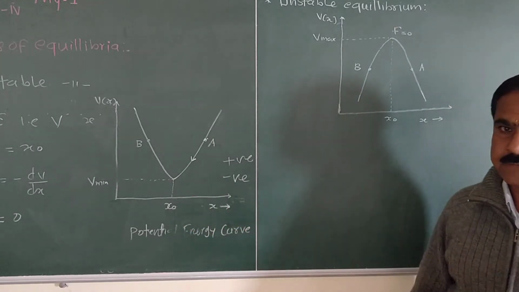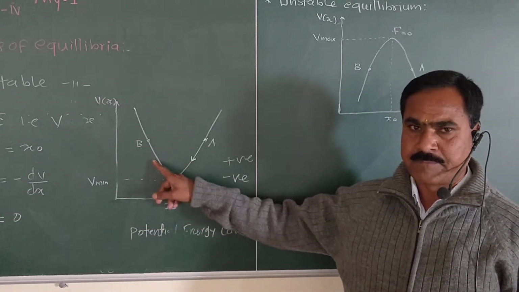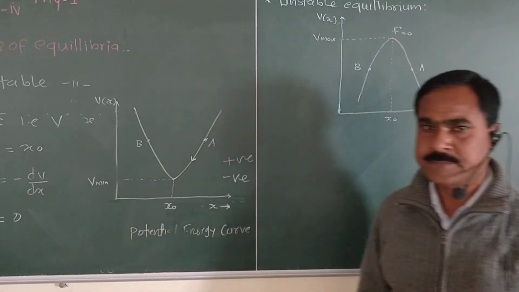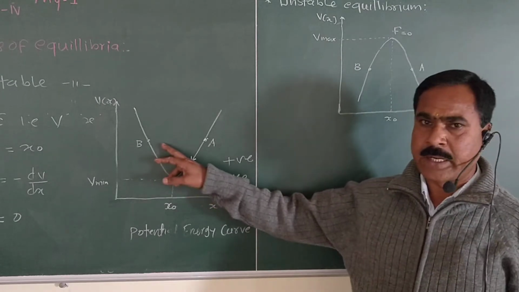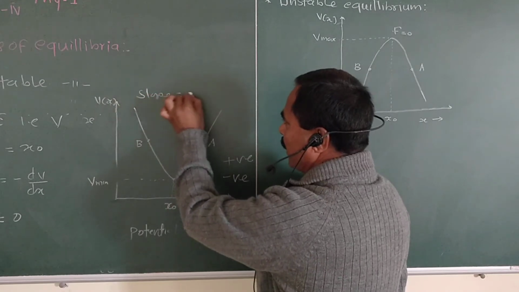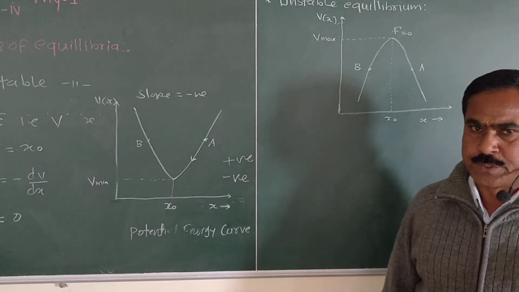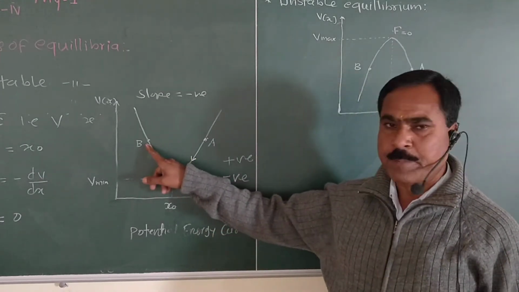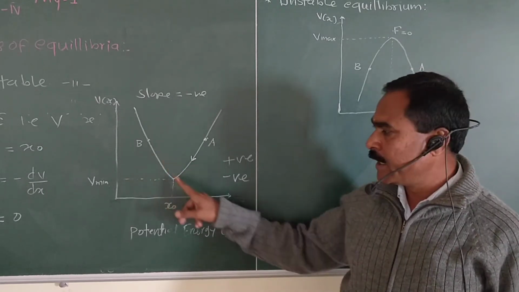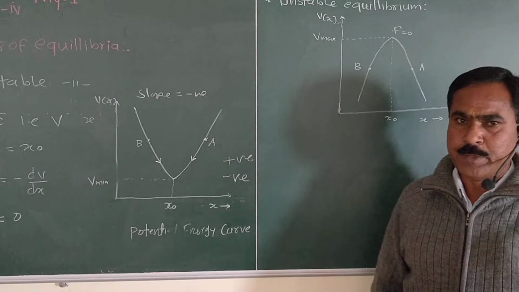Next we consider displacing the particle toward the left at point B. The slope at point B has a negative value, and when the slope is negative, the force is positive. At point B the force is positive, which means it is again directed toward the mean position.